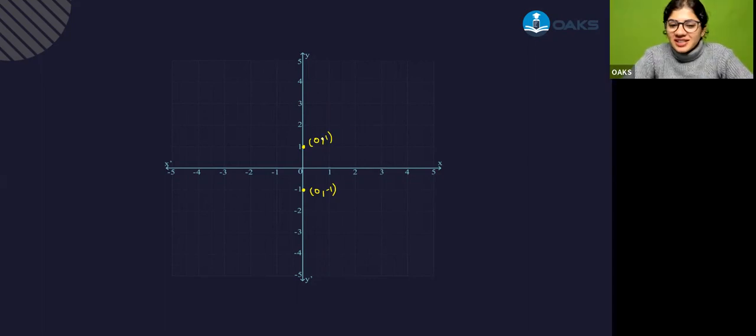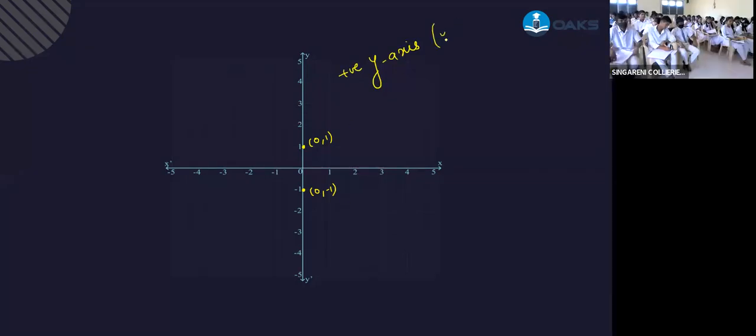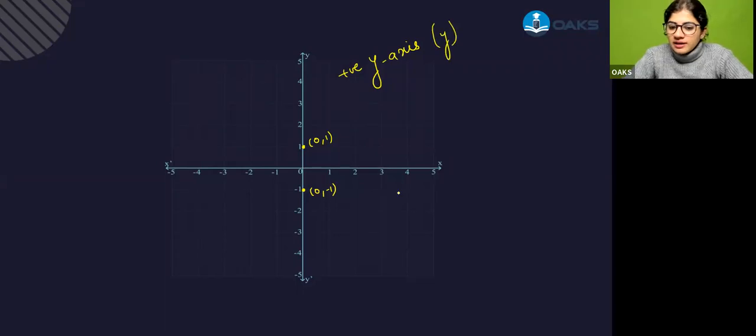Okay, so 0, 1 will not lie in the first quadrant, nor in the second quadrant. It is on the y-axis, and to be precise, it is on the positive y-axis. Am I right? Here, if I say negative y-axis, you can also write it as y dash.